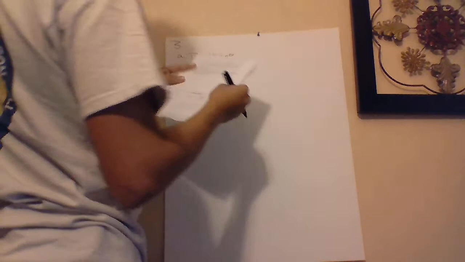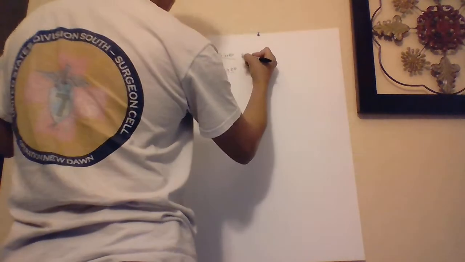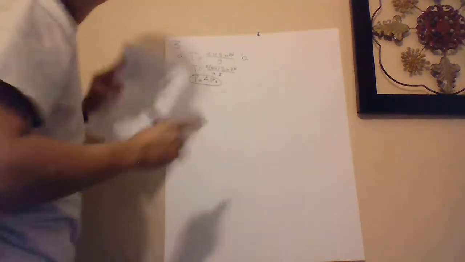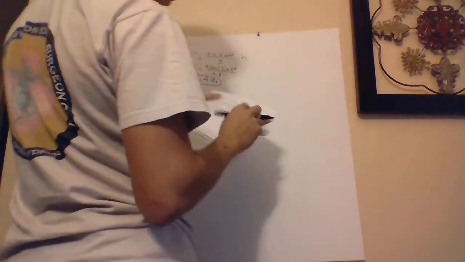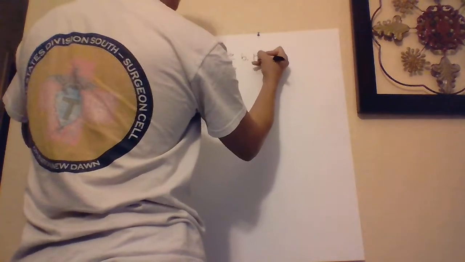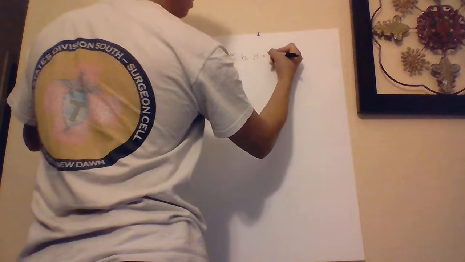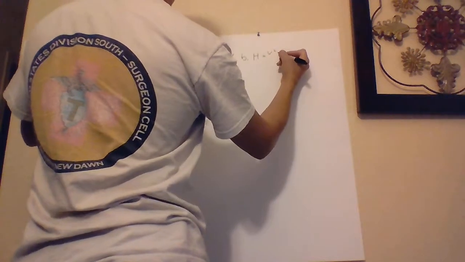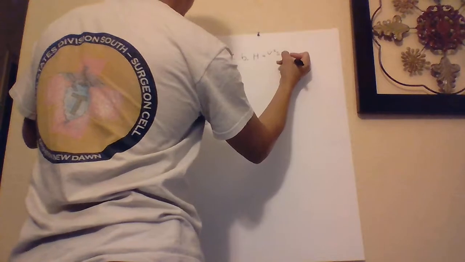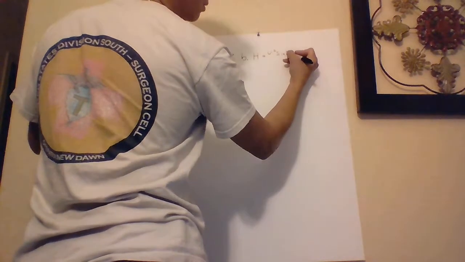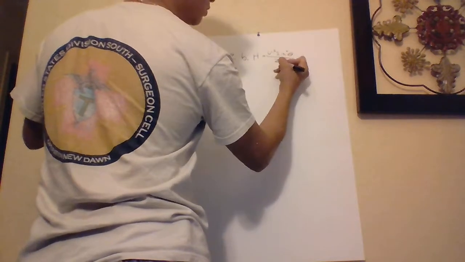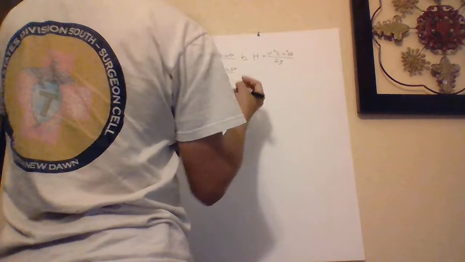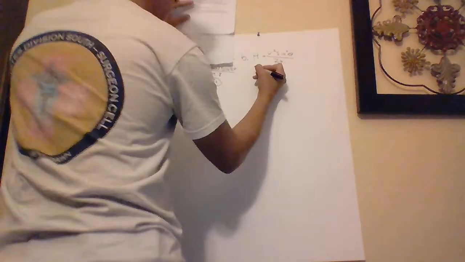Okay. Now for B, the ball's maximum height, we simply use the formula again. H equals velocity squared sine of the angle squared over 2g.